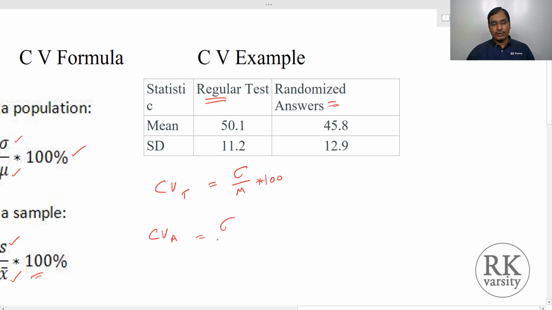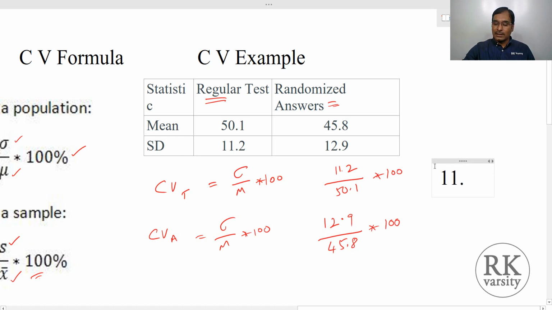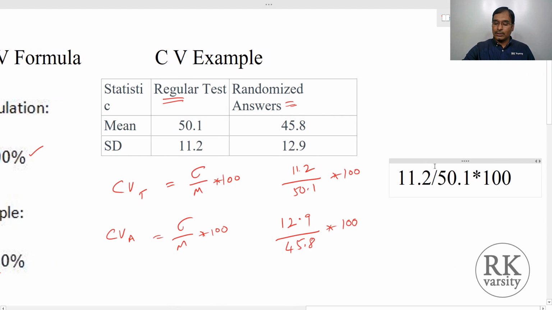Here the standard deviation value in the regular test is 11.2 upon a mean value of 50.1 times 100, whereas for randomized answers the standard deviation value is 12.9 and the mean value is 45.8, times 100. So our coefficient of variation value is 11.2 upon 50.1 into 100.